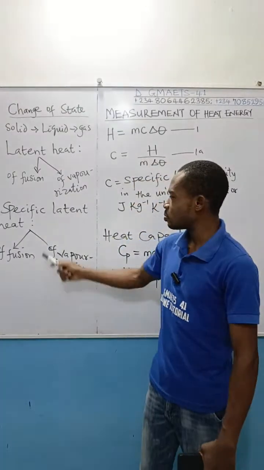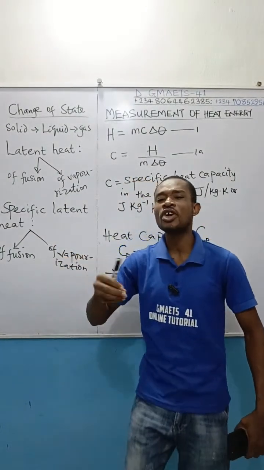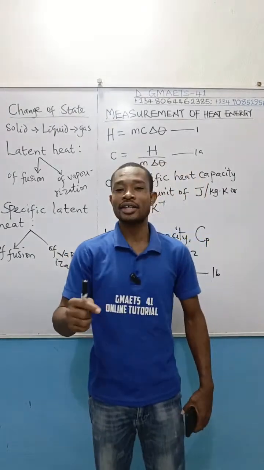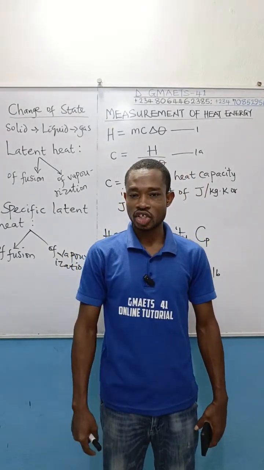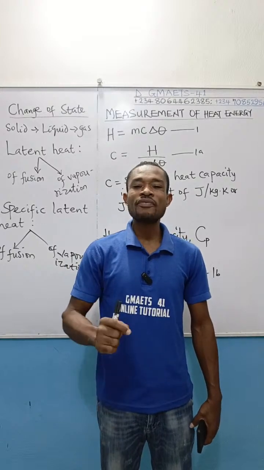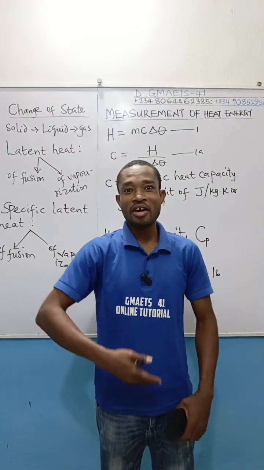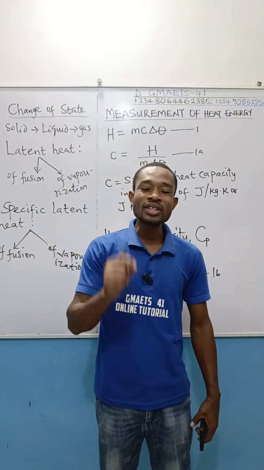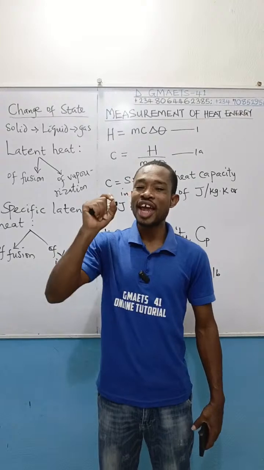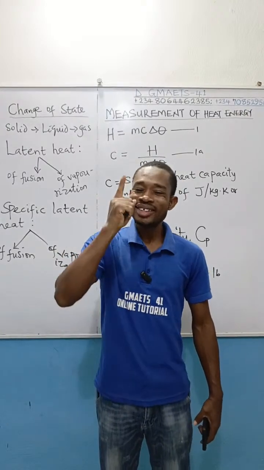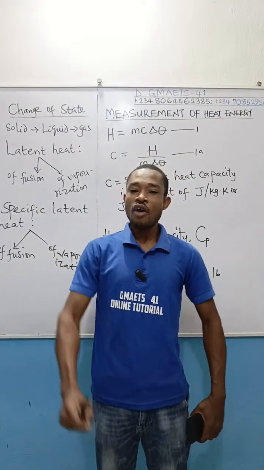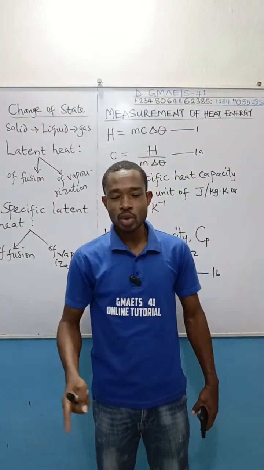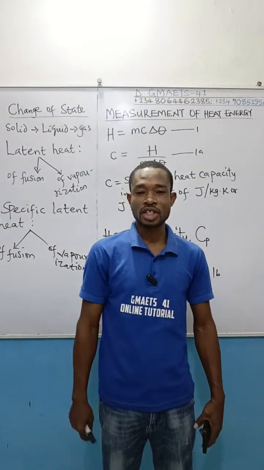So we define specific latent heat of fusion. Like I said, your examiner can link it to fusion of ice, assuming that ice is the solid changing to liquid. So we define specific latent heat of fusion, or of fusion of ice if you want to be particular about the substance, as the quantity of heat required to change 1 kilogram of a substance from its solid state to its liquid state without a change in temperature.